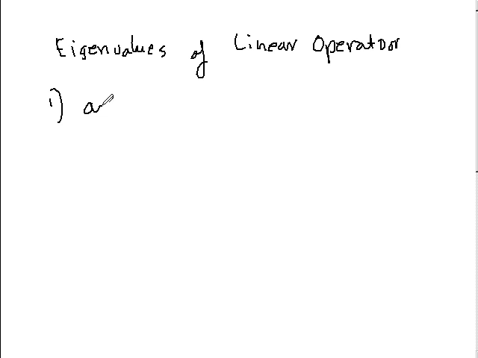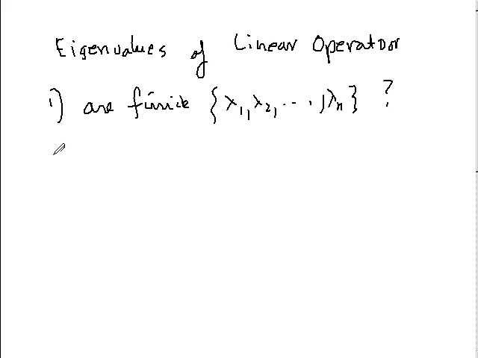So question 1, are they finite? I mean, can you list them, lambda 1, lambda 2, etc., lambda n? The second is, are they bounded? That's usually the easiest. Are all the eigenvalues bounded?